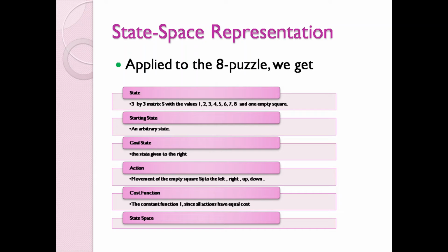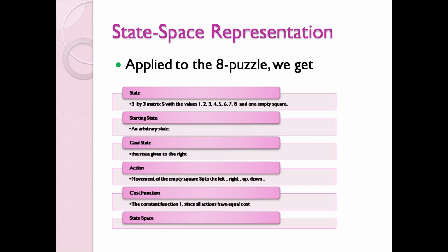Action, what are we going to do? We are going to move the empty square in 4 directions, either left, right, up or down. That is called the action. I am going to represent that with this empty space, this S. So I am giving the movement as Sij, because i and j specify the row and column.